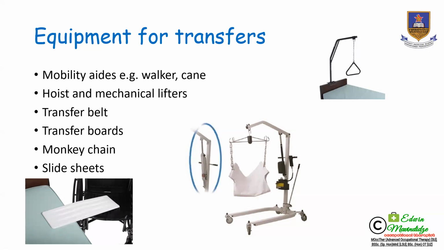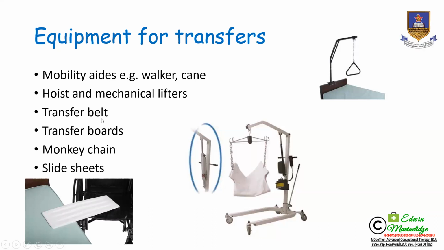So what it does is it takes the body away from the ground. Then with the wheels, you can move the client to whatever position that you want. Then with this small hydraulic system that you see there, you can adjust it to go up and down, depending on whether you have reached the surface that you want or not.